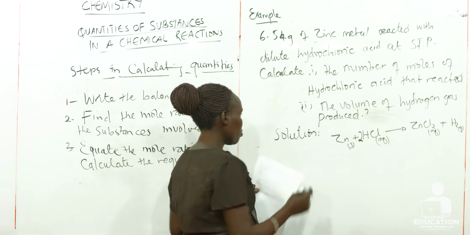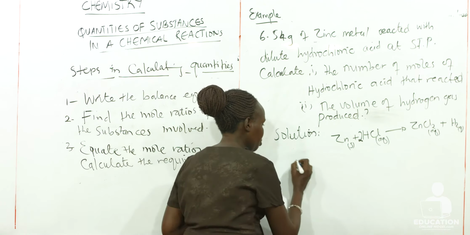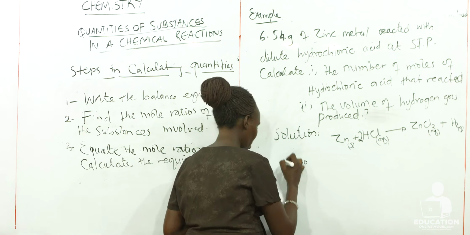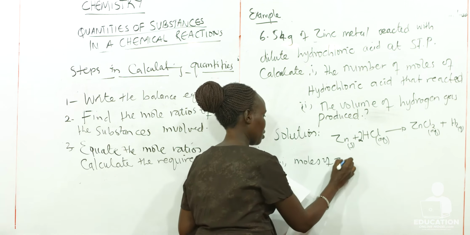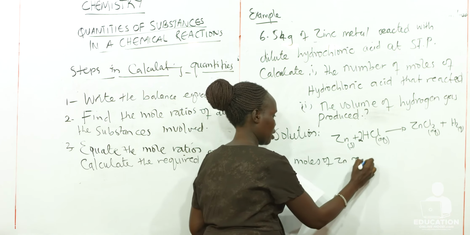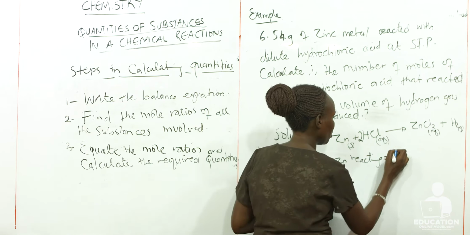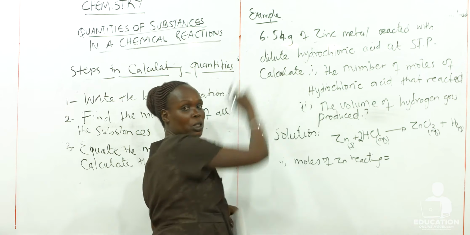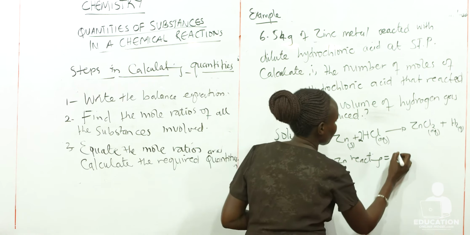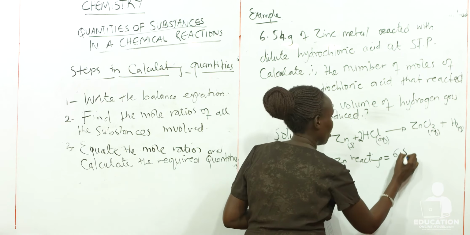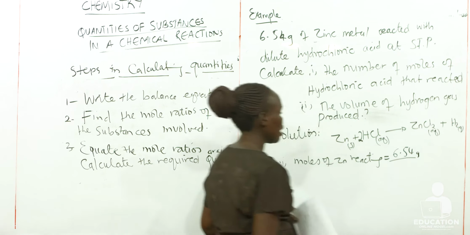So here the number of moles of zinc reacting will be equal to the mass, which is given as 6.54, divided by the molar mass of zinc.